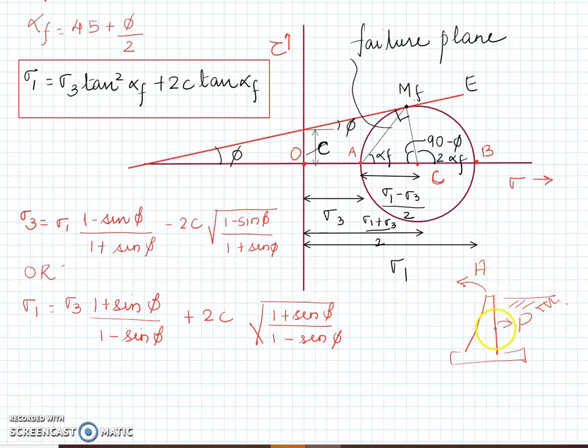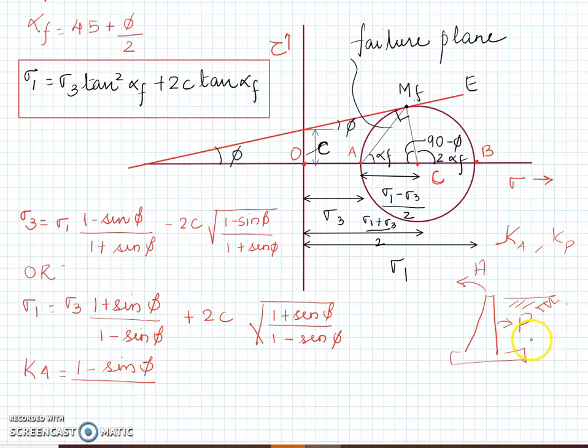Okay, accordingly, there is something called coefficient of active earth pressure, coefficient K suffix A, and this is coefficient of passive earth pressure. Now this coefficient Ka is given as (1 minus sine phi) upon (1 plus sine phi).